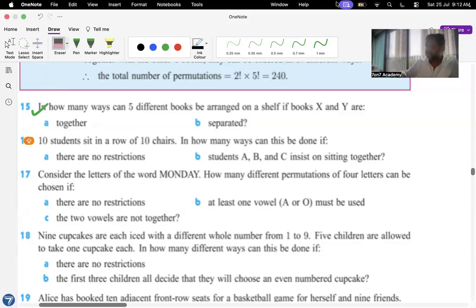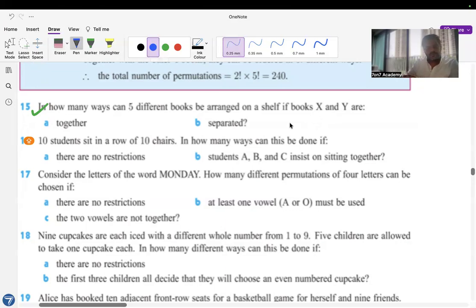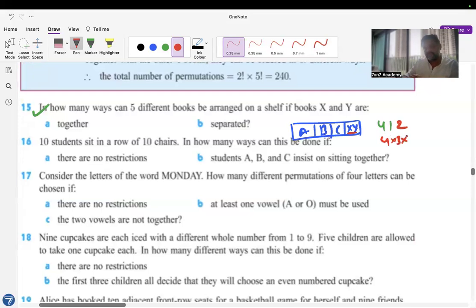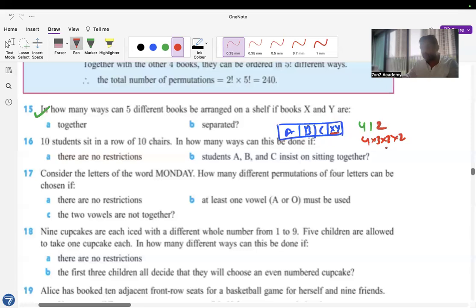If X, Y are together, what are you actually doing? Suppose there are 5: A, B, C, and X, Y going to be together. So how many different books will go together? In how many ways can they move their position? In 4 factorial ways. Then they can flip their positions, the order. So 4 into 3 into 2 into 2. This is how it goes.